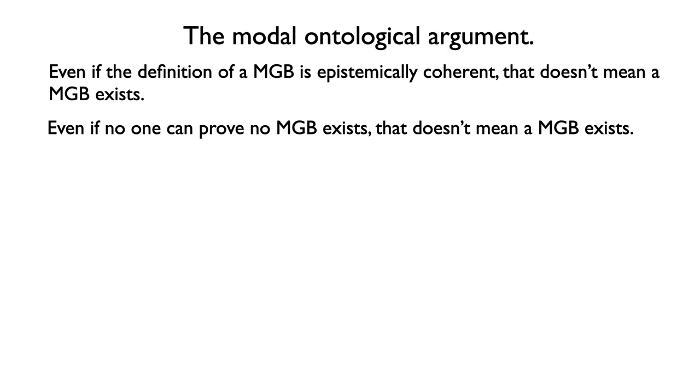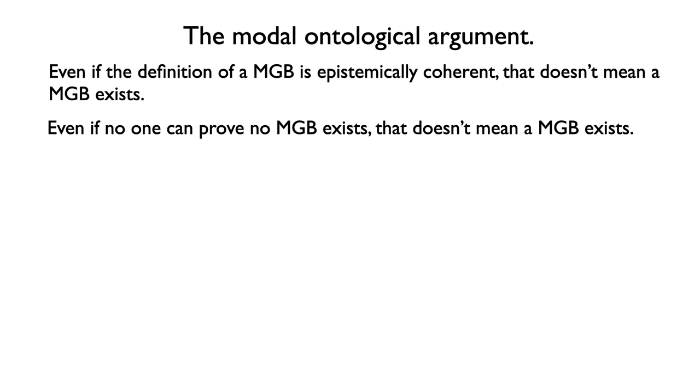So it is ridiculous to assert that if the definition of a max great being is epistemically coherent, we can't draw a contradiction from it, that somehow that means a max great being must exist and couldn't possibly not exist. That doesn't make any sense. In the same way, if no one can prove no max great being exists, that doesn't mean a max great being exists.